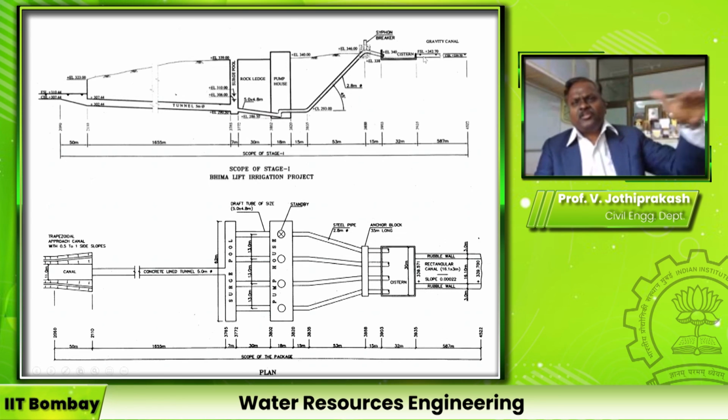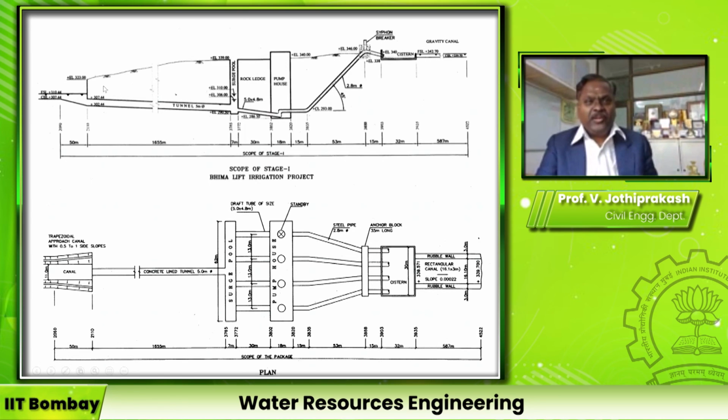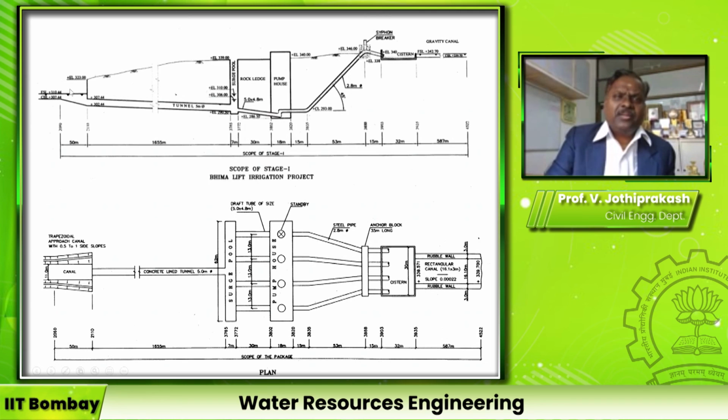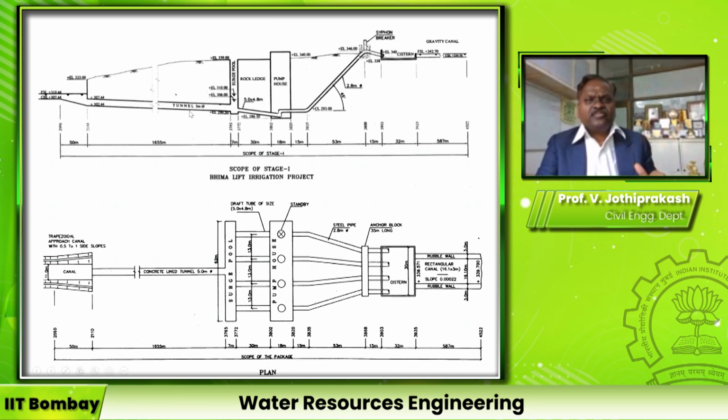From there it goes for irrigation by gravity. In this simple example the pumping level difference is 80 meters. That means the water is pumped from an elevation; in this case 300 meters is the level of the river and 346 is the level of the system. Then from there it goes by gravity.